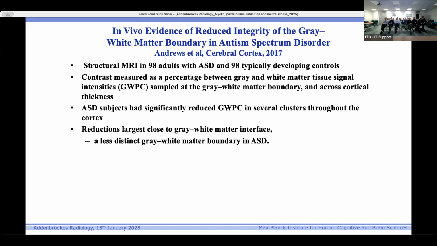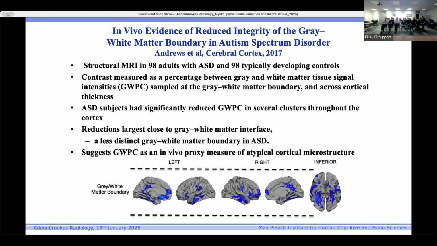Relatively low resolution scans, I think 1 millimeter or maybe 1.5 millimeter scans, so they're not really sampling the cortex very finely. But they found that ASD subjects had significantly reduced grey-white matter contrast in several clusters throughout the cortex, and there's a picture. So they suggested this as an in vivo proxy measure of atypical cortical microstructure.